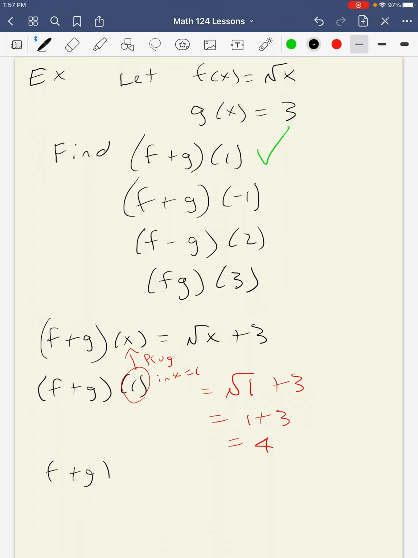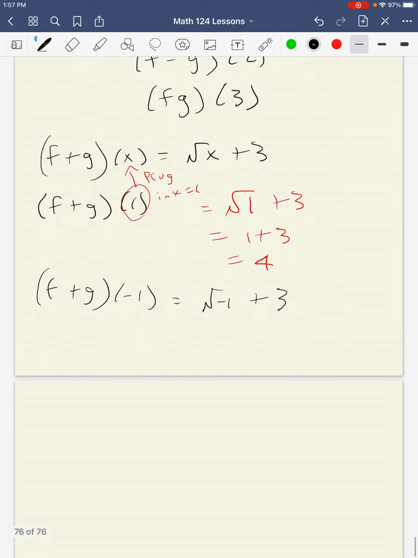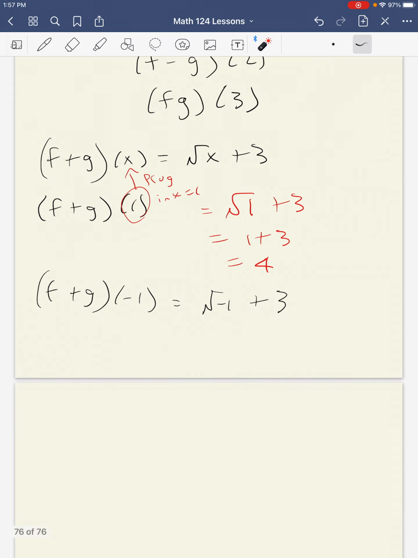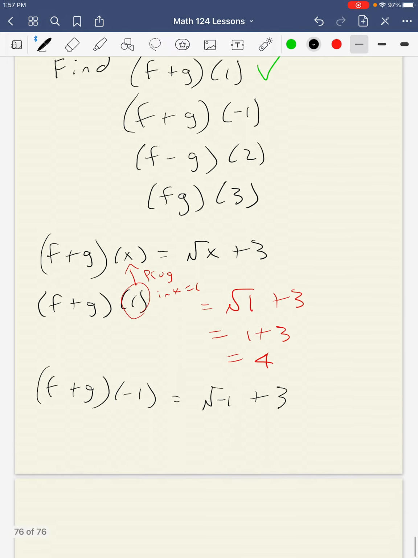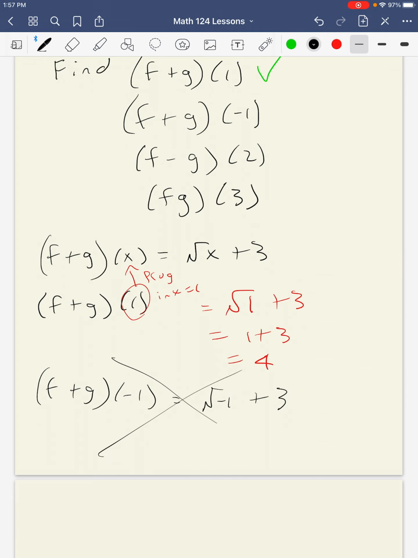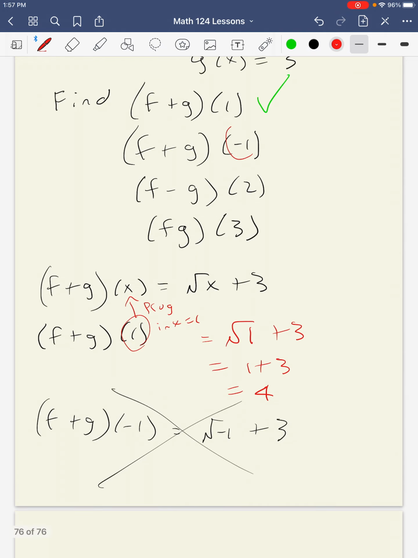If we do f plus g of negative 1, what's that? Well, let's try plugging in a negative 1. But uh-oh, look what happened here. Now we had the negative under the square root, which I just said we do not allow when we're dealing with functions in this class. So what happened here? Well, we plugged in a number that's not in the domain.